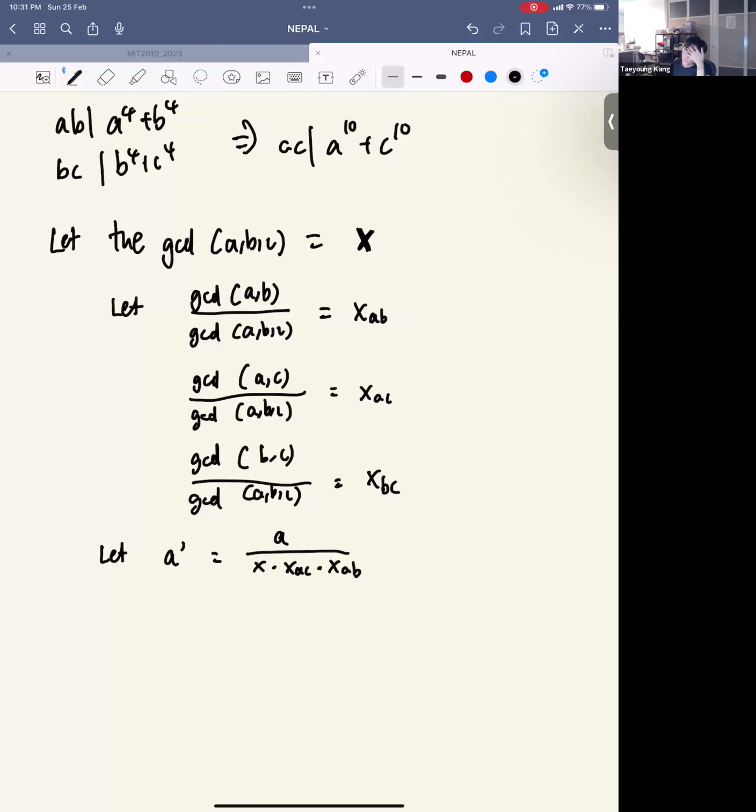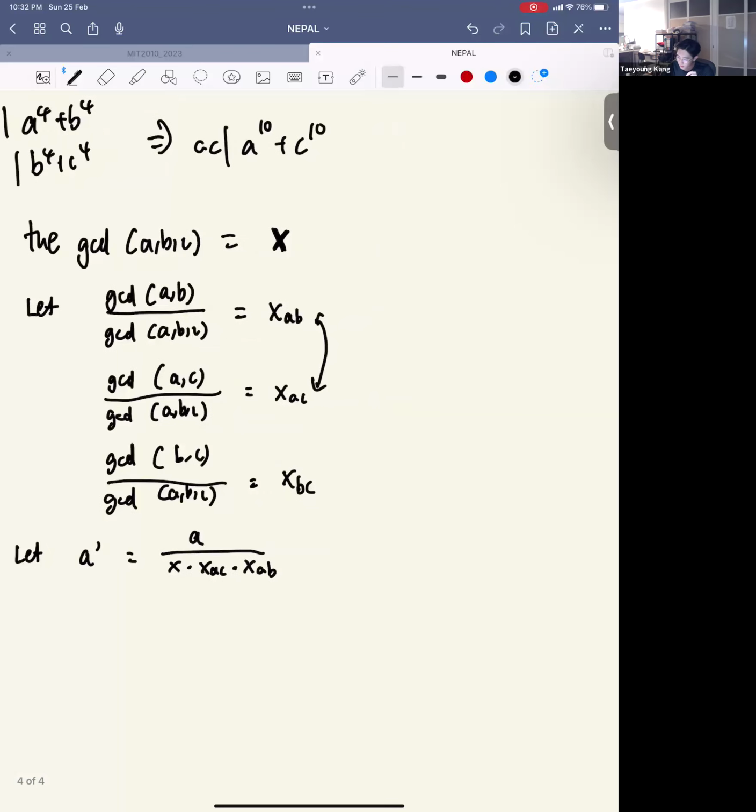Do you guys know why these are all integers? Right. So the GCD of A and B has to be a multiple of the GCD of ABC. And next, XAB and XAC are coprime.